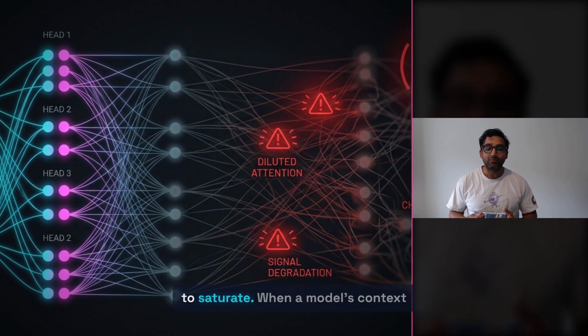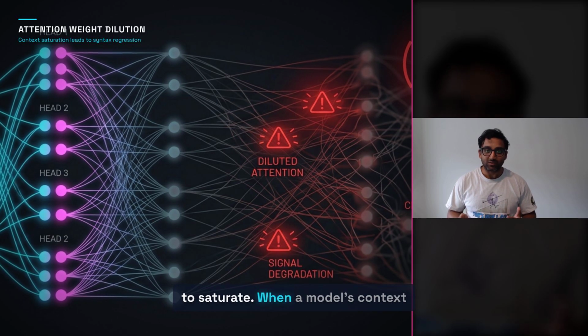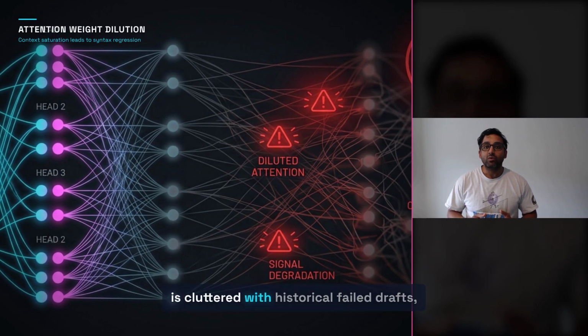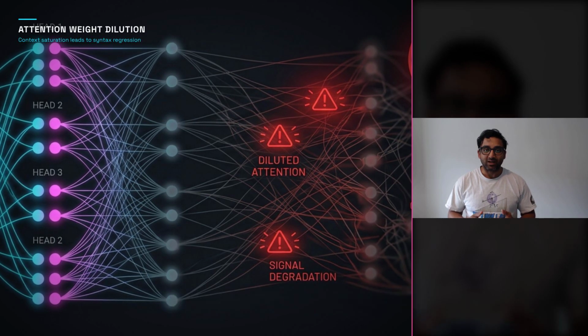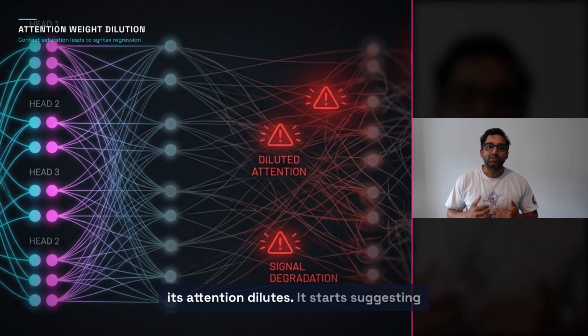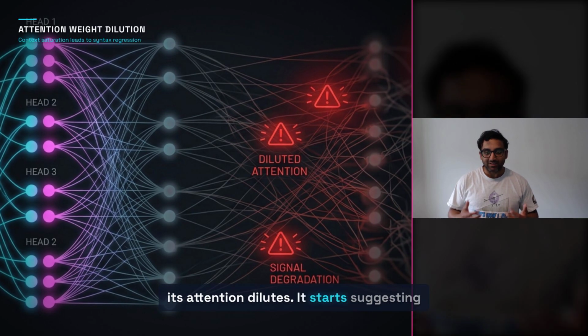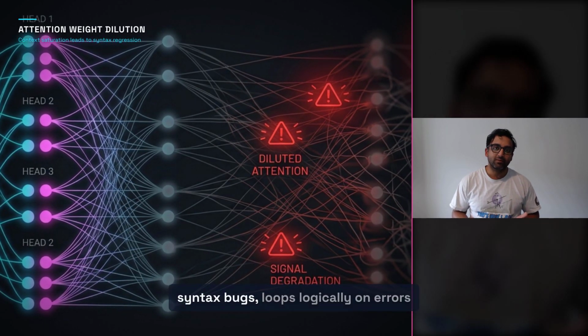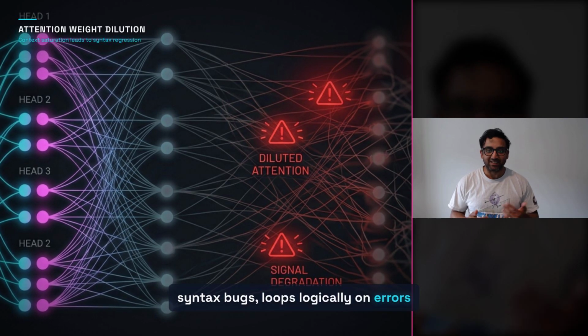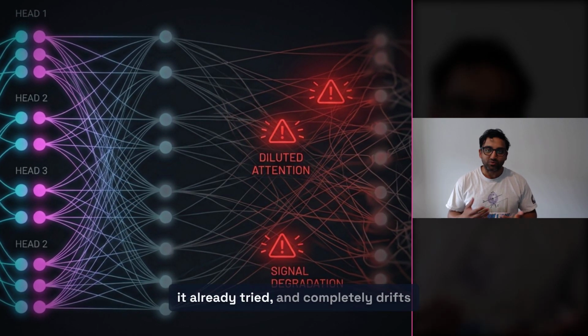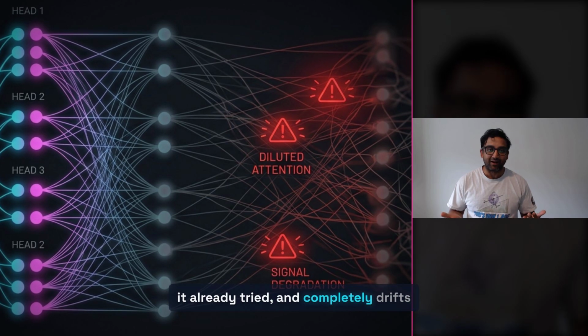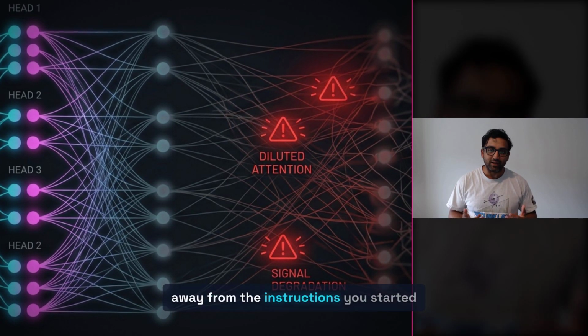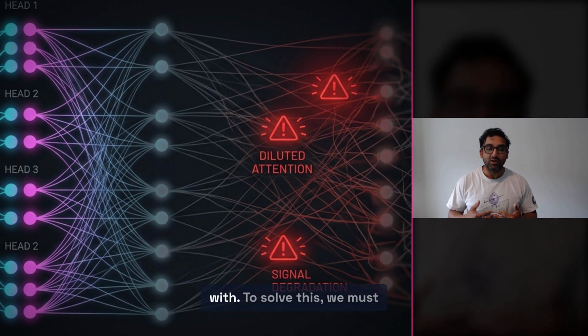Even worse, this causes your context window to saturate. When a model's context is cluttered with historical failed drafts, its attention dilutes. It starts suggesting syntax bugs, loops logically on errors it already tried, and completely drifts away from the instructions you started with.